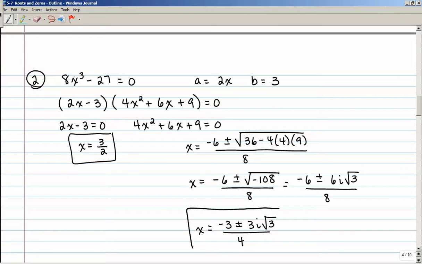There's my other solution. So I have a total of 3 solutions, 1 real, 2 of them complex, and that makes sense because my original equation has an x cubed. So I have 1 real solution and 2 complex or imaginary solutions.